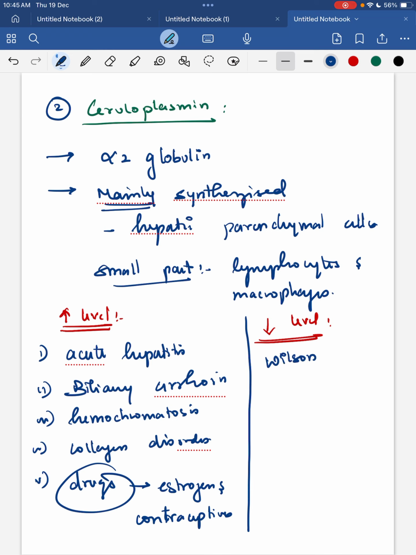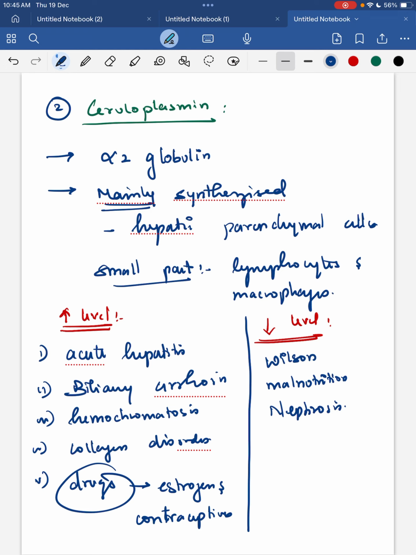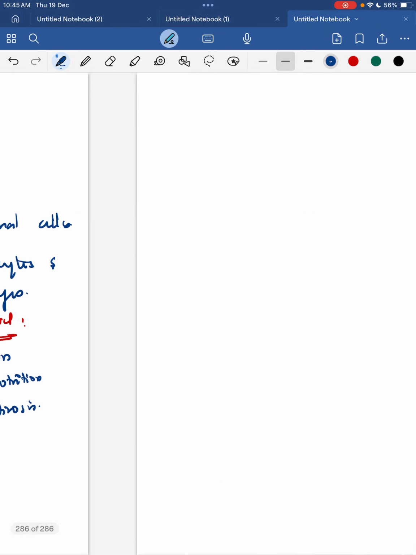Okay. If they ask a separate question on ceruloplasmin, you can write these points. Fine. Yes. Next, your third acute phase protein is your Alpha1 Antitrypsin.